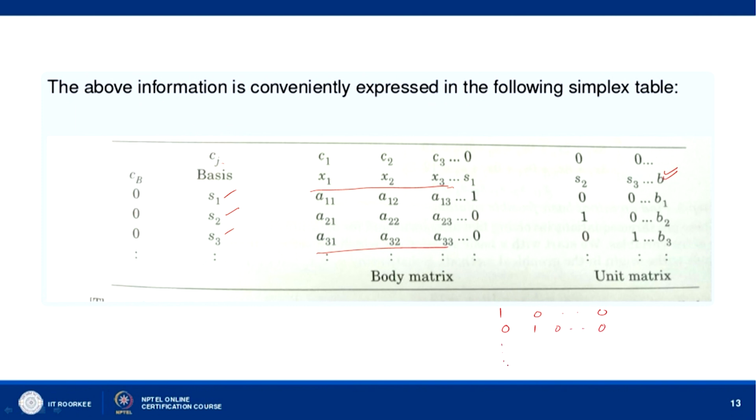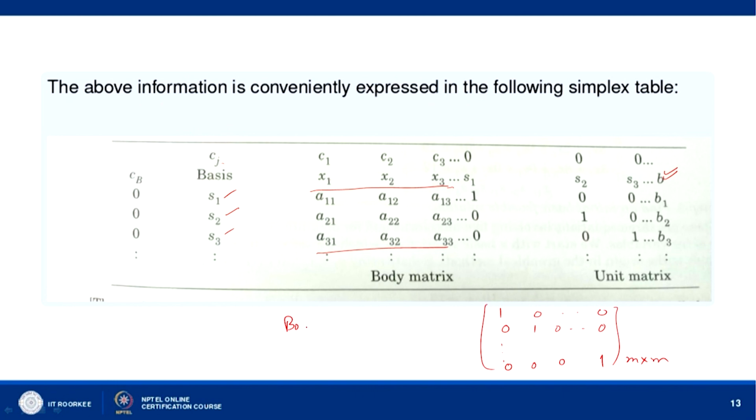0 0 1. This is an m by m matrix, because we have m rows and m columns here, S1, S2, Sm. While this body matrix is an m by n matrix.